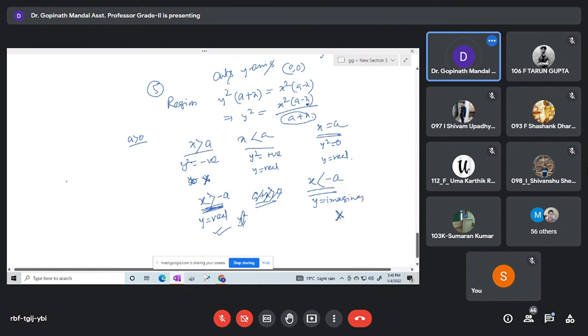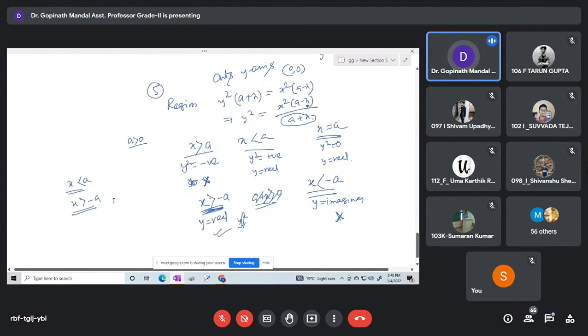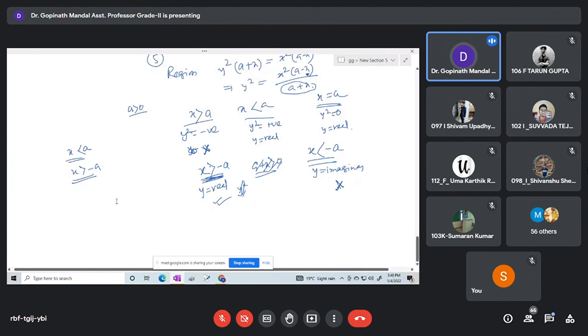So x must be less than a and x must be greater than minus a. Now we trace the curve.